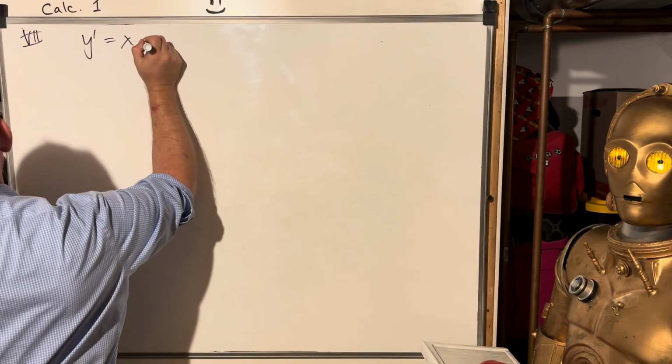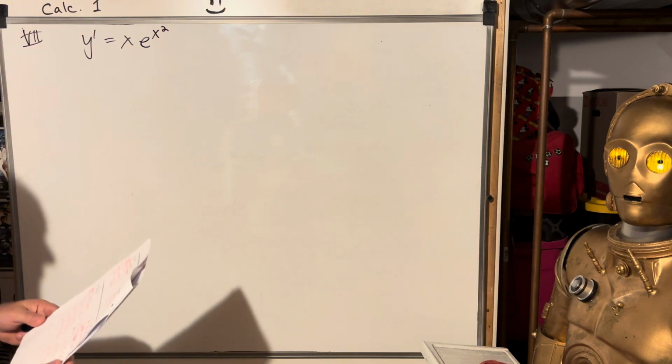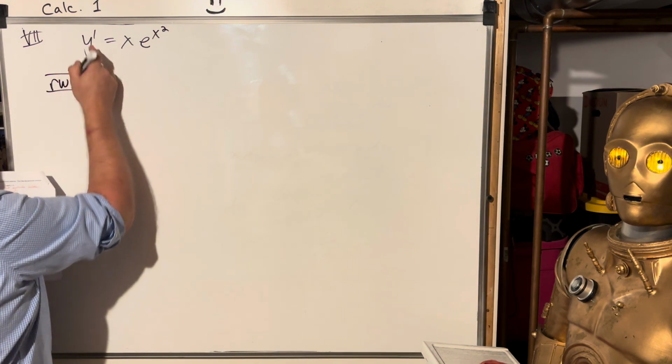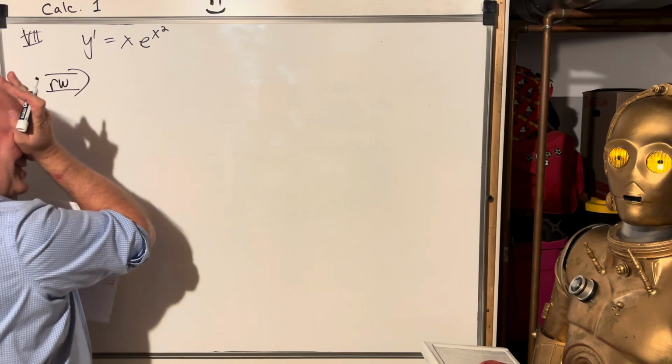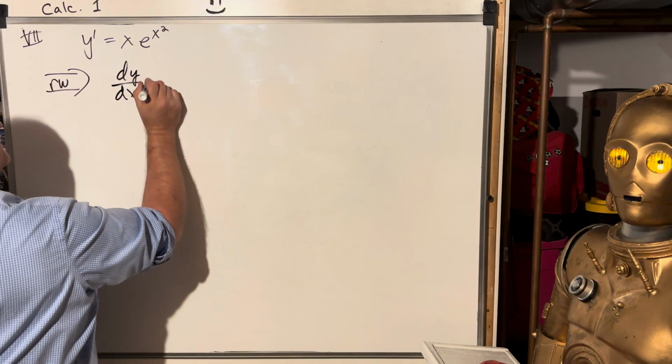Man, that is tiny to my old eyes. All right, so let's rewrite it. It's y prime, that's Newton. We kind of want Leibniz for this. It's better. Let's call it dy/dx.